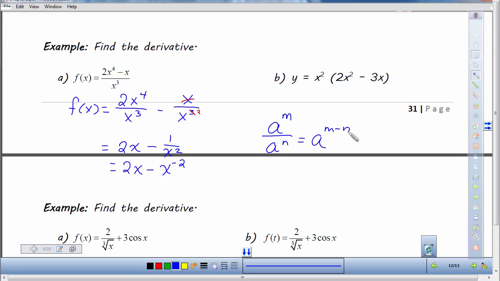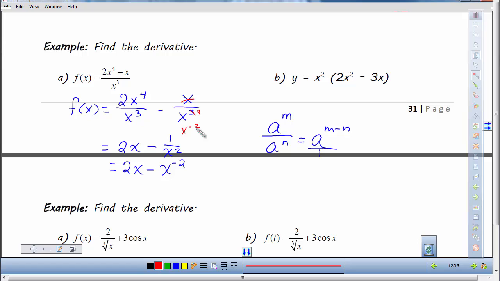And this a to the m minus n always goes in the numerator. Then if it's negative, we can move it to the denominator. So if we use that here, 1 minus 3 gives us x to the negative 2, and then we would have moved that to the denominator to make it positive.